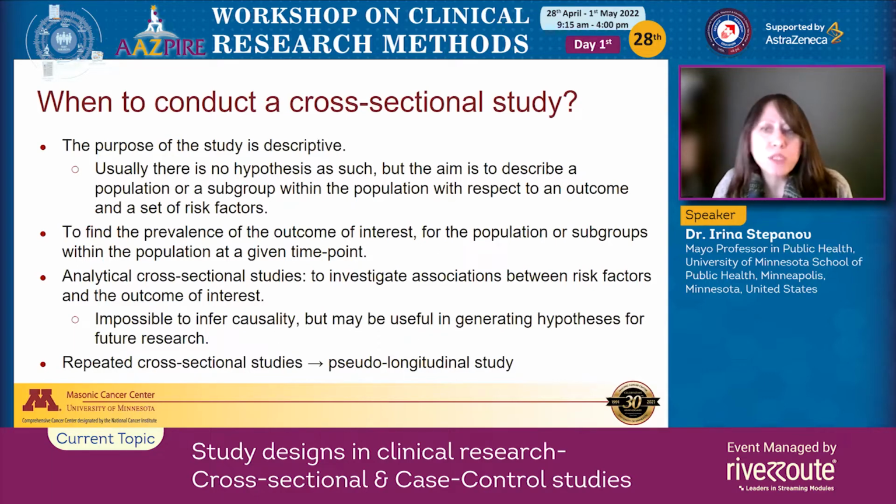So there is no indication of the sequence of events. You can't tell whether exposure occurred before, after, or during the onset of the disease outcome. So in this case, it's pretty much impossible to infer causality.